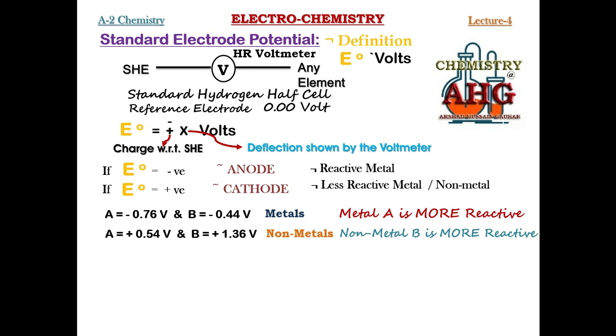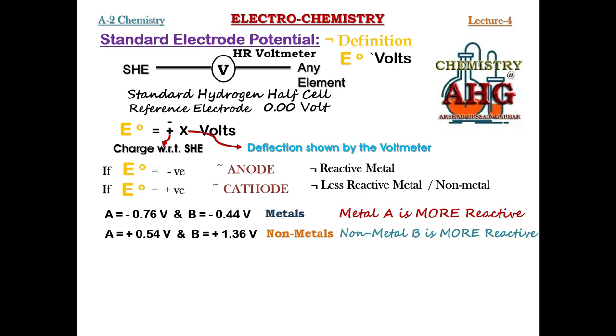So this is the information you would have become able to predict about metals and non-metals if you know the sign of standard electrode potential. Next comes, no need to remember these numerical values of standard electrode potentials, as in your final exams these numerical values are available in your data booklet. You can find all these numerical values in the data booklet.